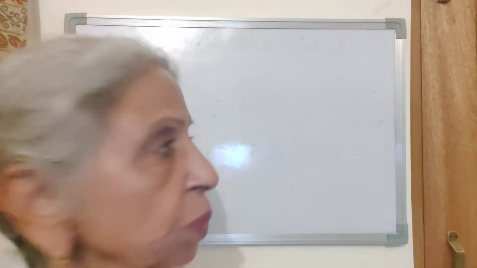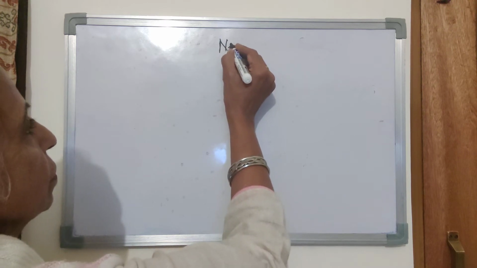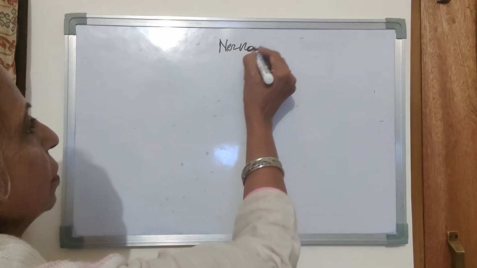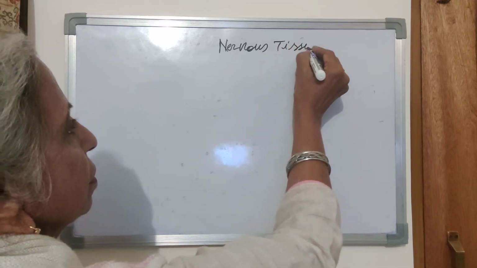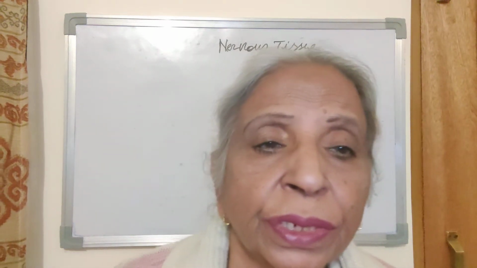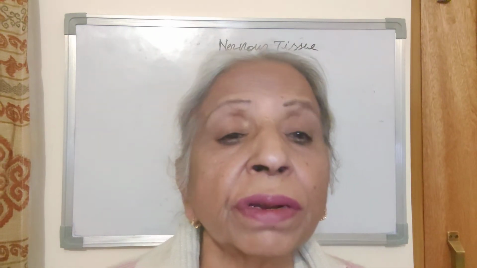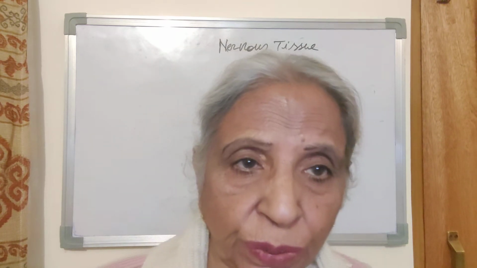Then we come to nervous tissue. Nervous tissue controls and coordinates all the body activities. All the activities are under the control of nervous tissue.